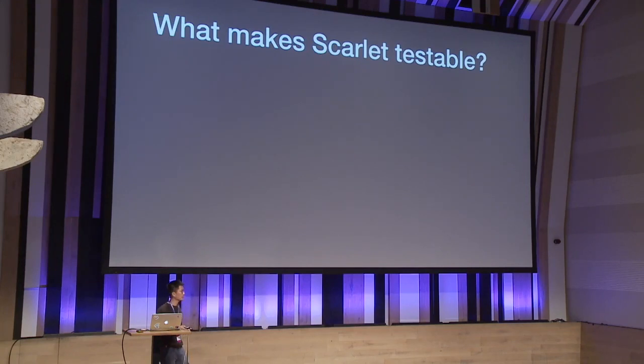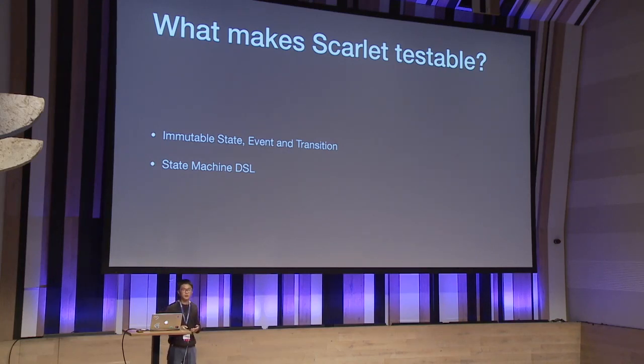So what makes Scarlet testable? It's testable because it's driven by a state machine with immutable states. We actually wrote a Kotlin library, a Kotlin DSL for declaring state machines, and it's available as a separate library.